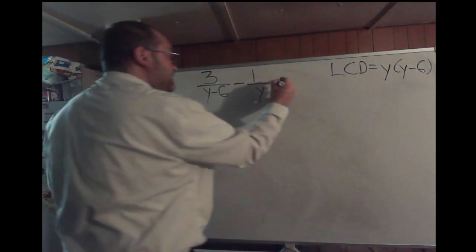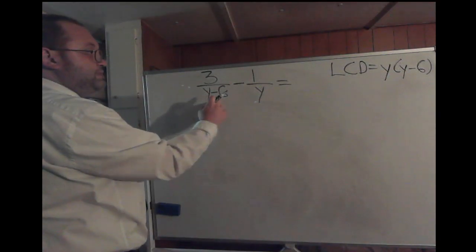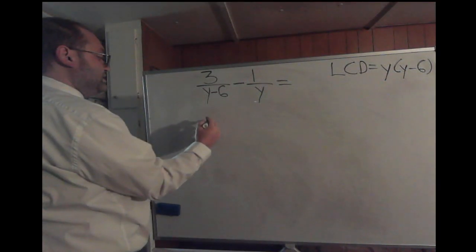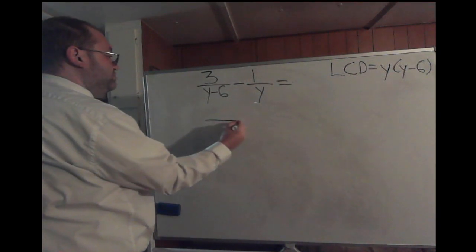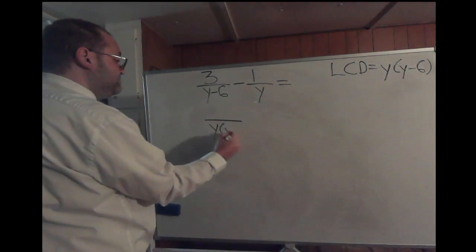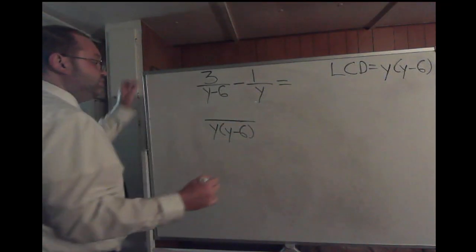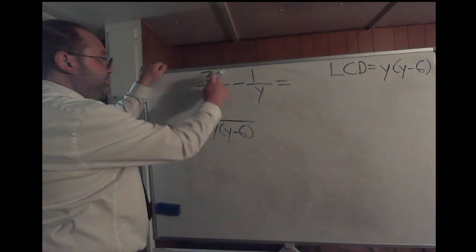Okay. So now, in order to make, for the first term, y minus 6 become y times y minus 6, we got to multiply the y minus 6 times y. Well, that would give you y times y minus 6, which means you got to multiply the numerator of 3 times y.